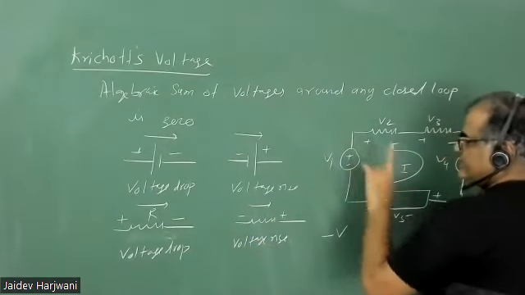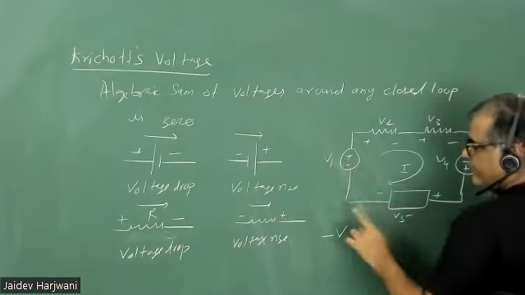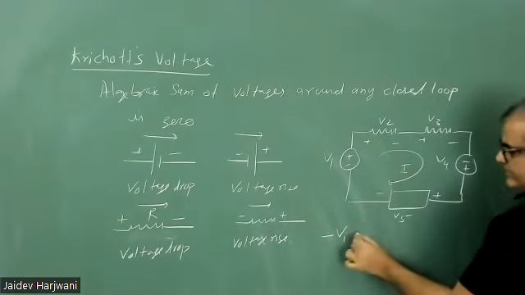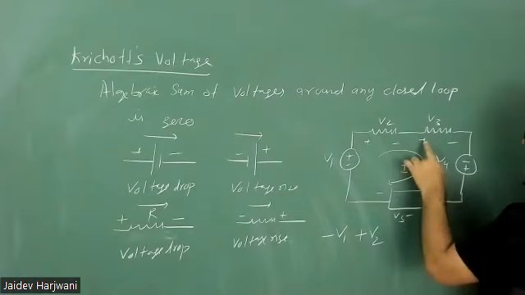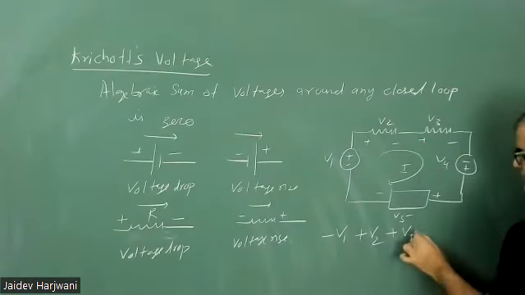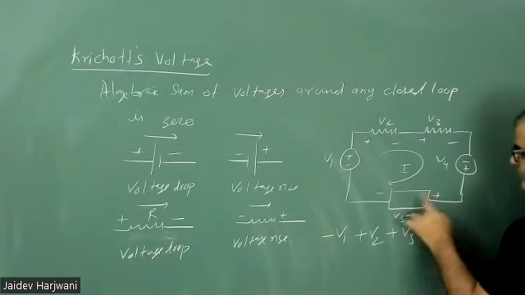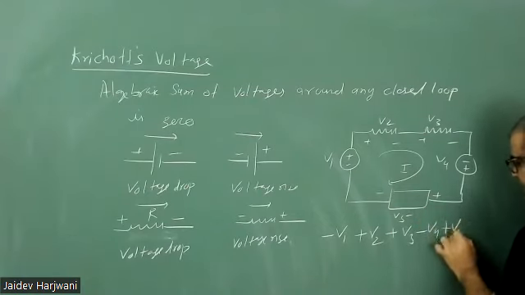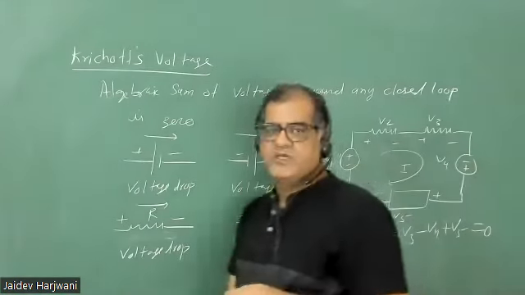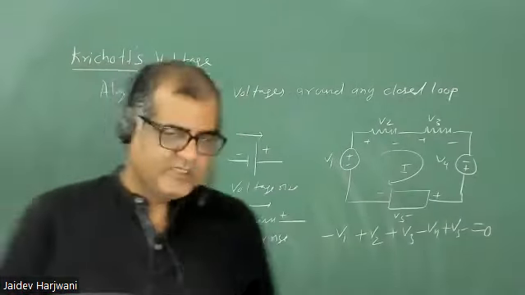I'm taking voltage rise as negative, though you can take it as positive. Whatever sign I encounter, I will write. So V1 will be negative, V2 will be positive, then V3 will be positive. Now V4 is coming, so I will write minus V4, and then I will write V5, and this algebraic sum of voltage drops and voltage rises is 0.